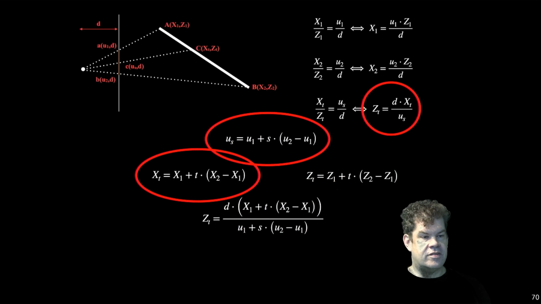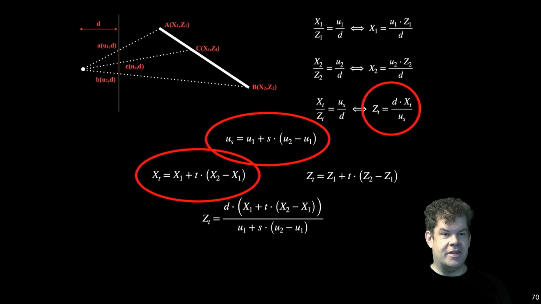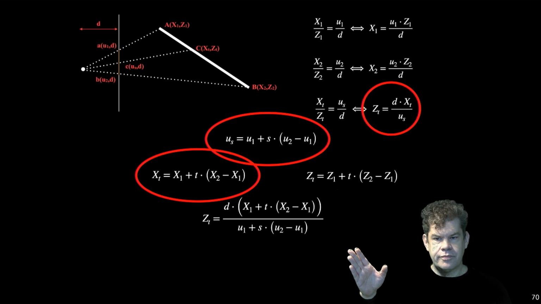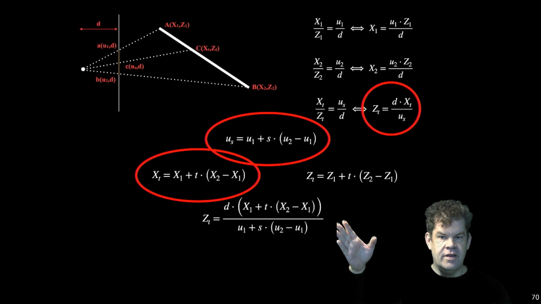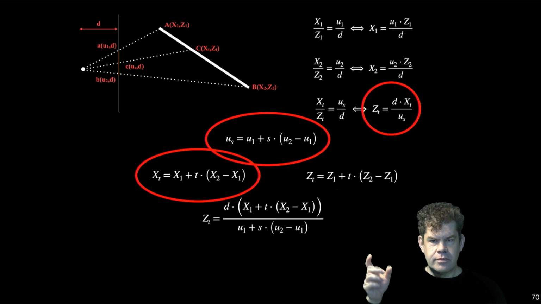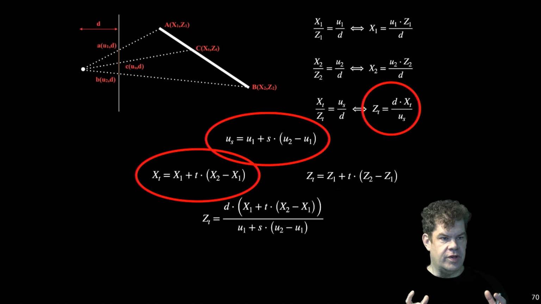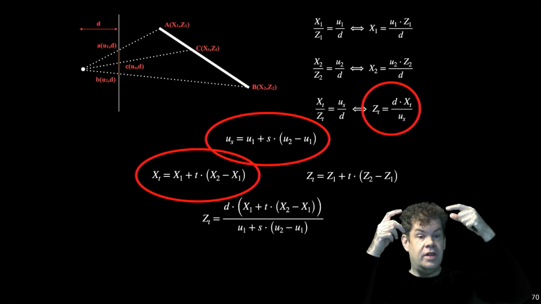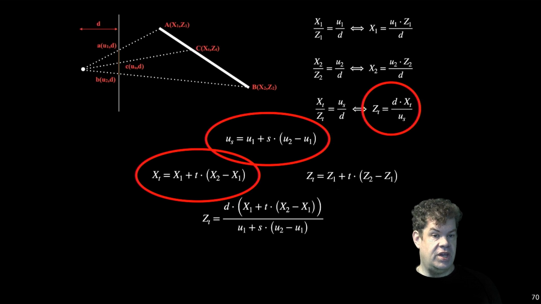Now you might ask yourself, why are we doing this? Well, hang on for a second. I take this equation, which contains uppercase X1 and uppercase X2, and conveniently we have equations for those at the top as well. What I'm trying to do is figure out things about the interpolated point in relation to the things on screen.